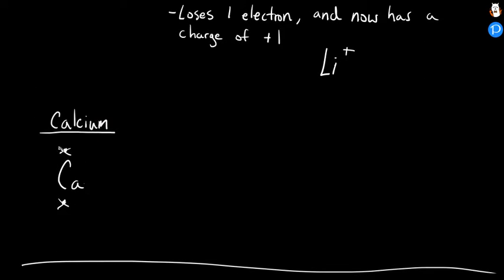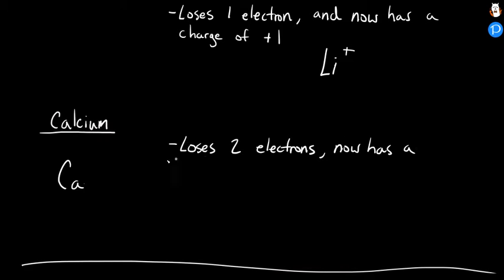And so for calcium, it's going to lose 2 electrons. We're going to get rid of those. And now calcium, since it's lost 2 electrons, it now has a charge of +2, because now it has 2 more protons than electrons.